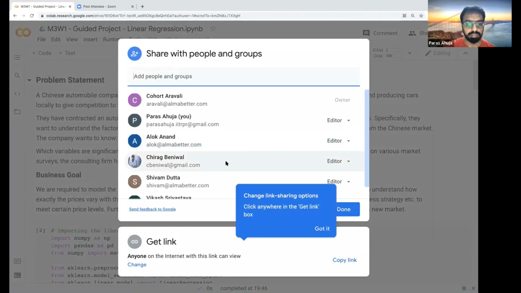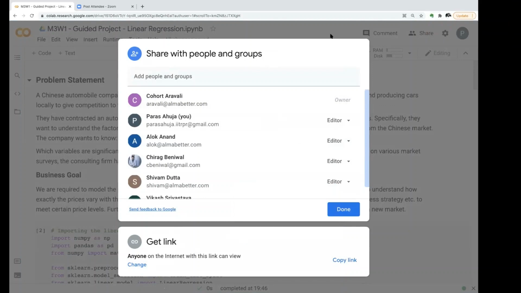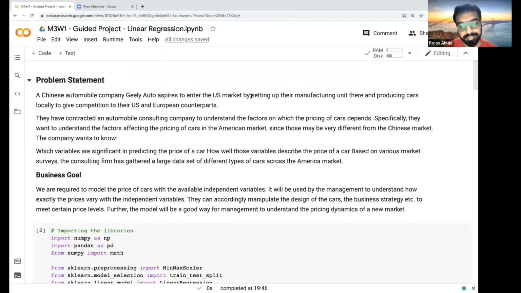We'll actually copy that and try to follow along. I hope you are able to access that. If not, let me know. Yeah, we can access this.